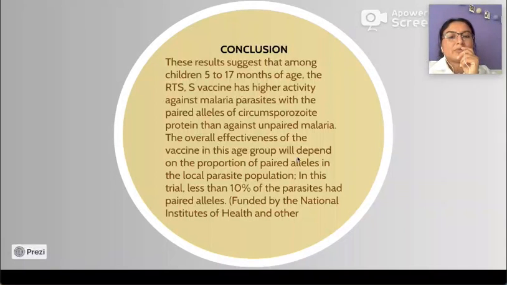The other effects of the vaccine in this age group will depend on the prevalence of parasite alleles in the local parasite population. In this trial, less than 10% of the parasites had matching alleles. Funded by the National Institutes of Health and others. Thank you.